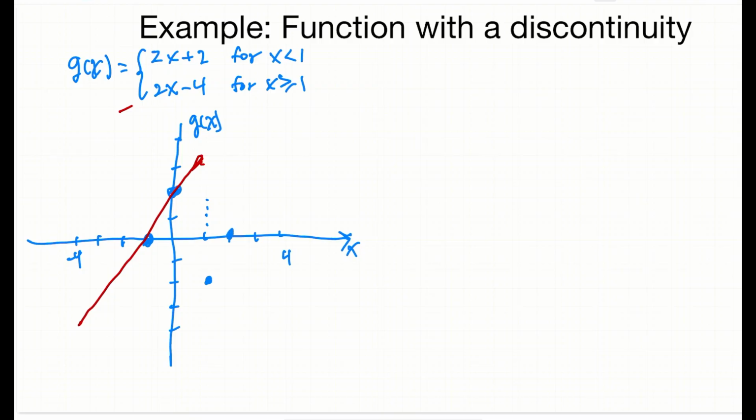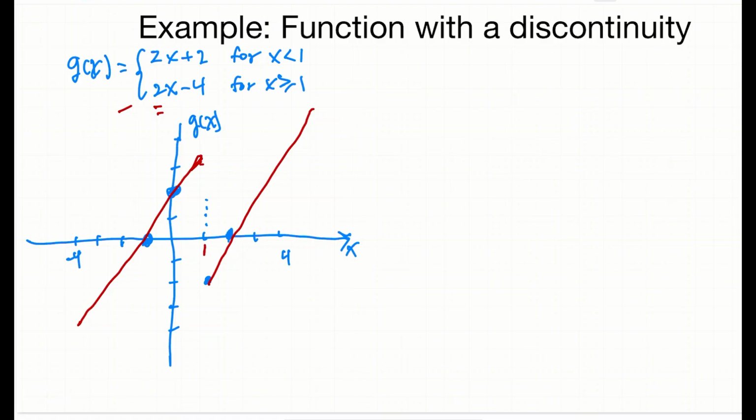Okay, so this is going to be another line. It's just shifted. It's got the same slope, because both have a slope of 2, but they both have an offset. This is the b of 2 and the b of minus 4, if you remember from the equation of a line. So we've got 2 parallel lines going to negative infinity and plus infinity, but there's a discontinuity at 1.